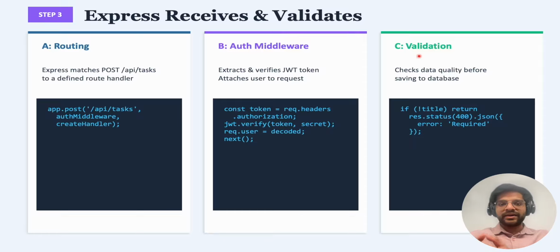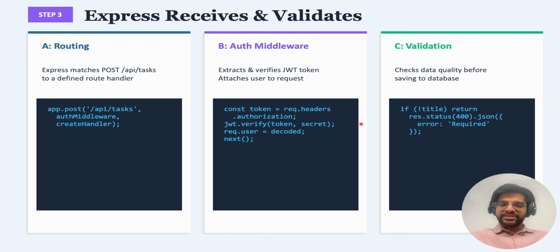If it passes, the actual handler runs. It pulls the title, the priority, and the due date from the request body using destructuring. Then it validates the data. Is the title empty? Is the priority one of our allowed values? Is the due date in the past?